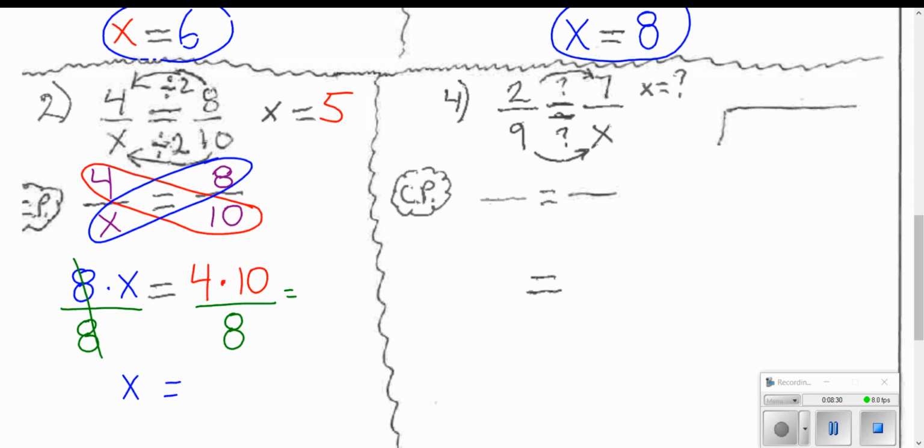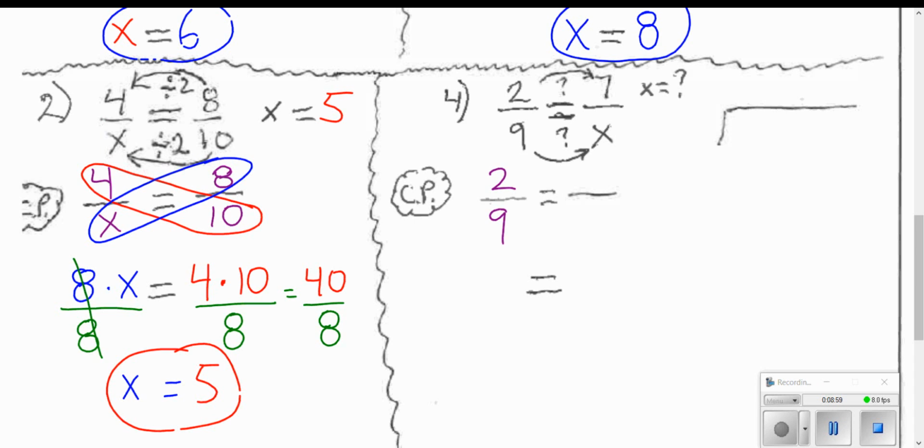And if I total that, I could reduce, or I could just say that's 40 divided by 8. And 8 goes into 40 5 times. And that's the answer that we had before. So you can do it both ways. Sometimes you can't do it both ways, but for sure you could do it with cross products.